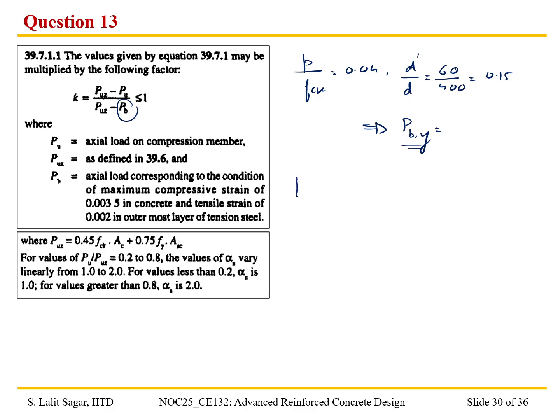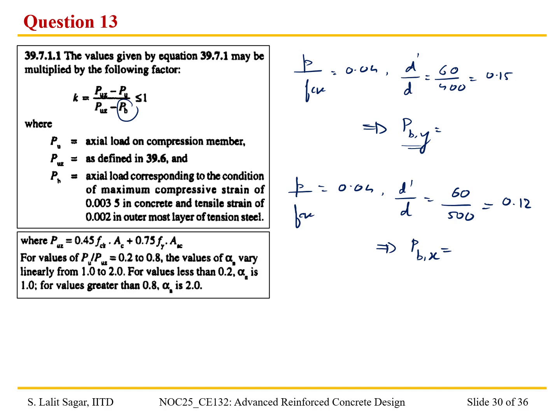And then we have P by FCK is equal to 0.04, and D dash by D is equal to 60 divided by 500, that is 0.12. So from this we find out that PBX.